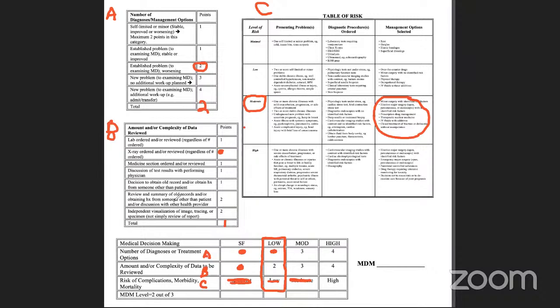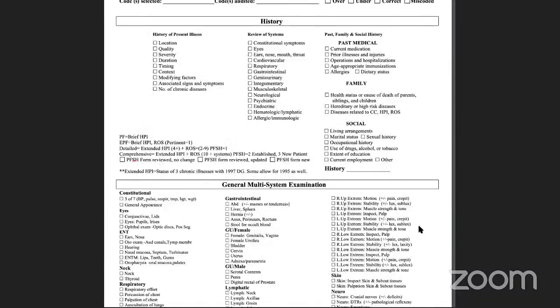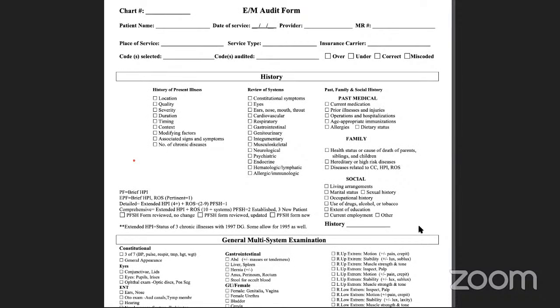Okay, let's do number 4. I'm going to erase all my circles again. I'm not going to write A, B, and C next time. So our next patient is a subsequent hospital visit. And I just want to reiterate, this table that we're using here, and let me bring the front of the table back into view, is only if we're doing something outside of office visits.